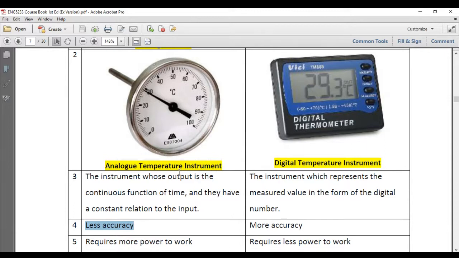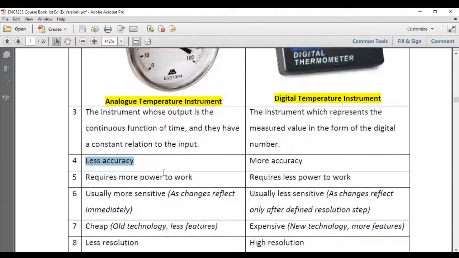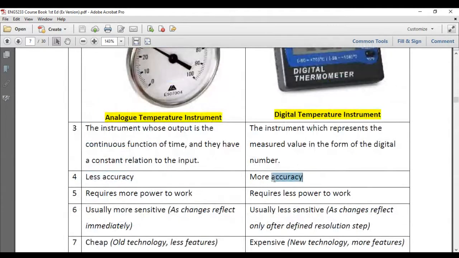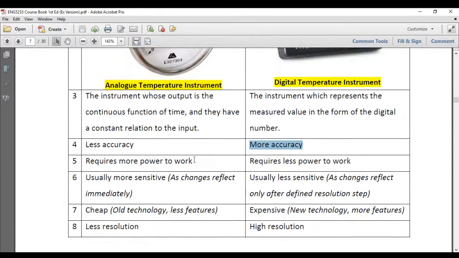So it will use some energy from the observed parameter, so its reading will not be that accurate. While the digital instruments are using electronic components, which use very little energy, so their readings are usually more accurate. So analog requires more power to work for the same reason, because there are mechanical parts involved, while the digital require less power to work.